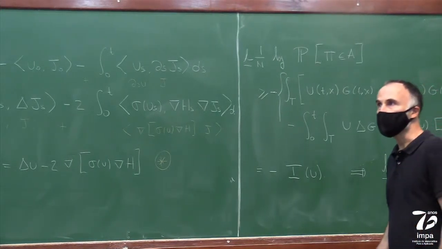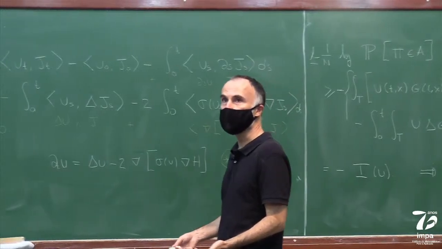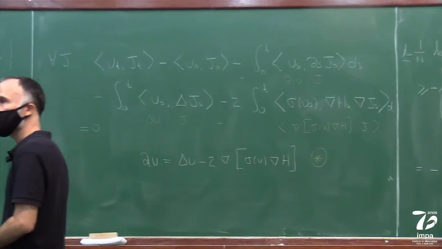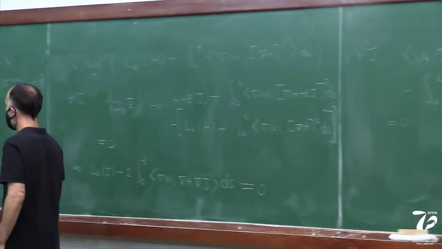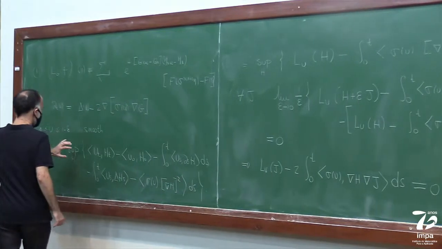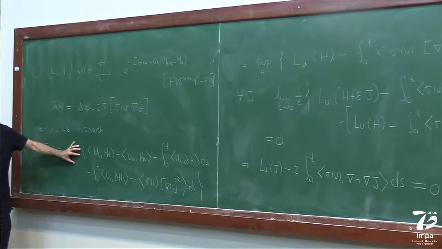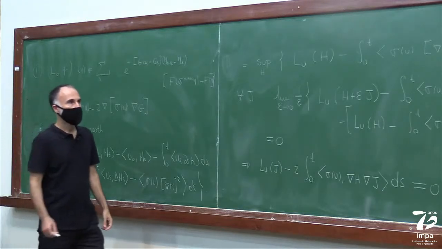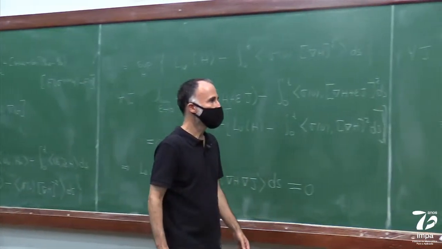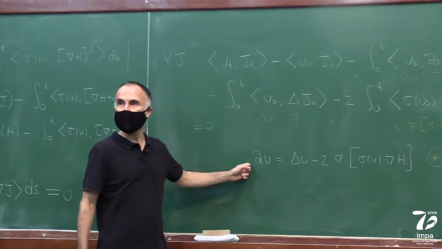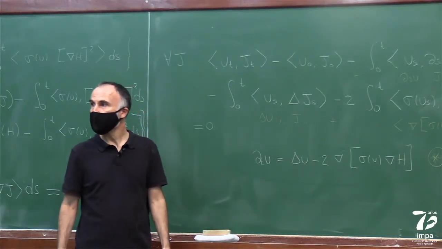Okay? So I obtained an explicit formula for I. I is equal to this expression without the sup, provided I choose h by this equation. Okay?